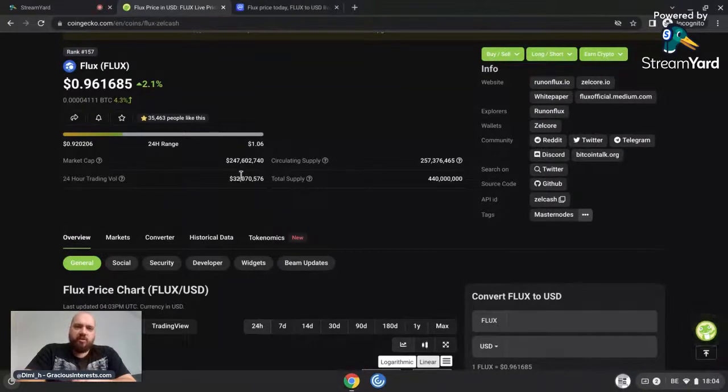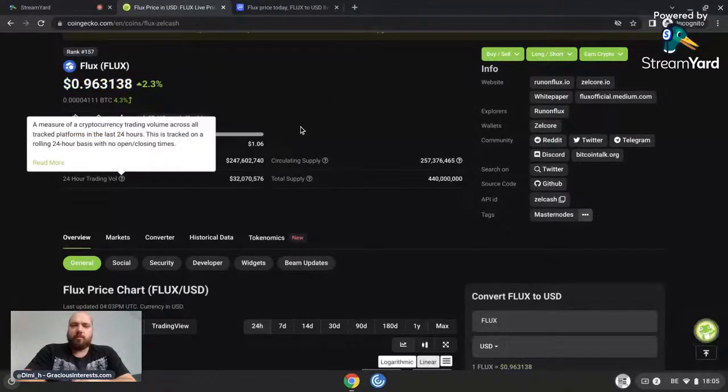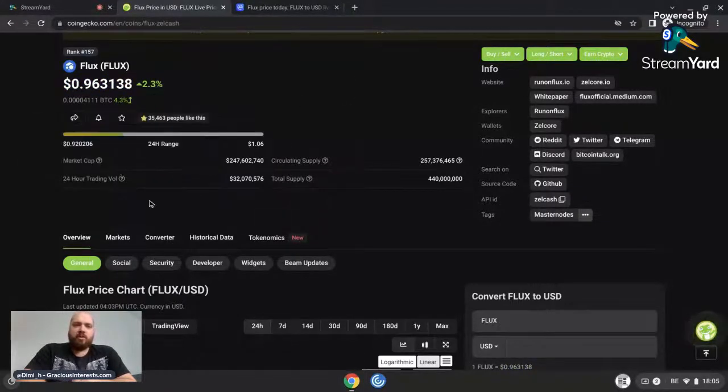Those are very healthy numbers, especially where it concerns the 24-hour trading volume. I've seen projects with a much higher market cap having a much lower trading volume, which was kind of odd, but here it checks out, especially considering market conditions.